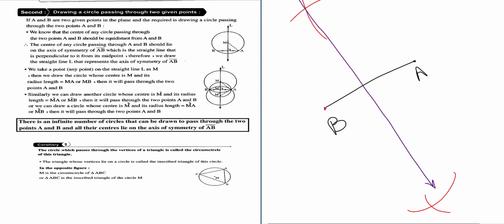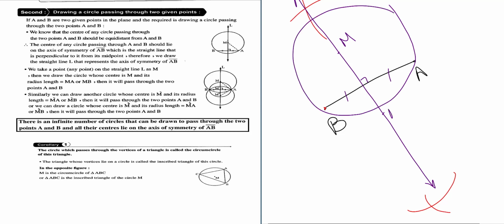The straight line which is the axis of symmetry of this line segment must be perpendicular and also bisect this line segment. Why do we draw this axis of symmetry? Because the center of the circle that passes through the 2 points together lies on this axis. Then from point M on the axis, we can draw a circle that passes through the 2 points together.